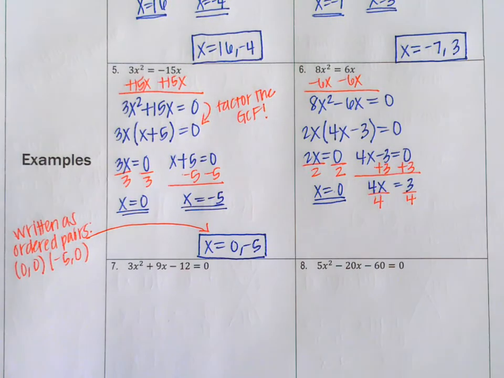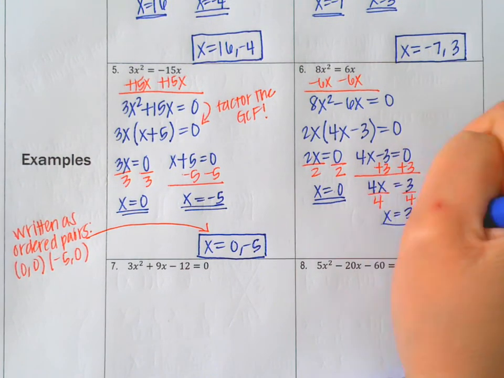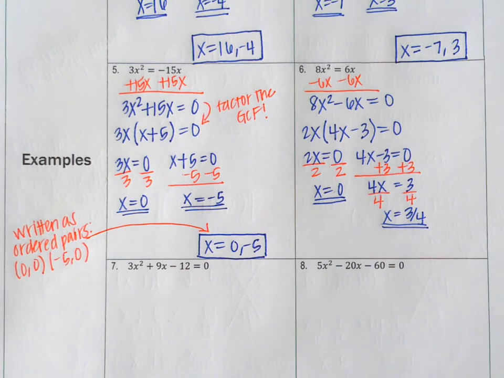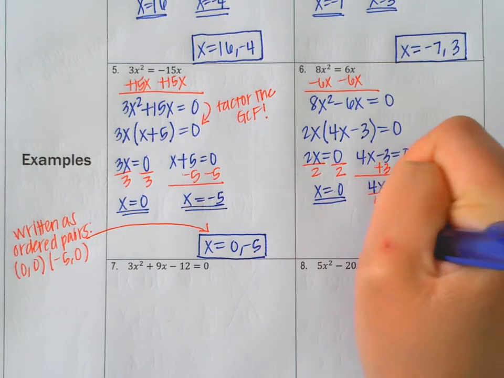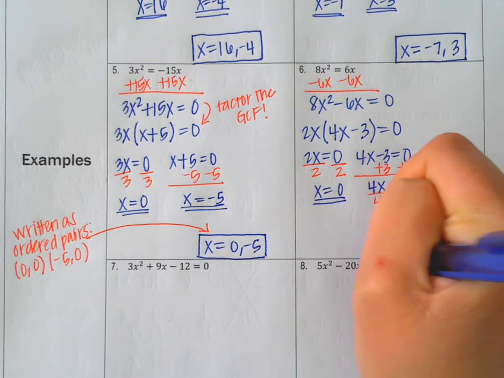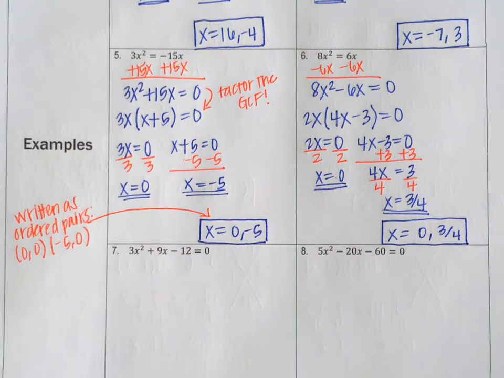And I get x is equal to 3/4. And that's it. Those are my two solutions, 0 and 3/4. Those are my 2 points where the quadratic crosses the x-axis. Okay, last 2, and then we're done.